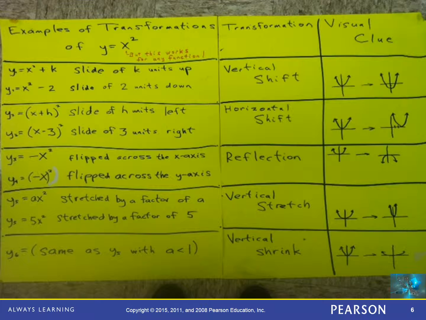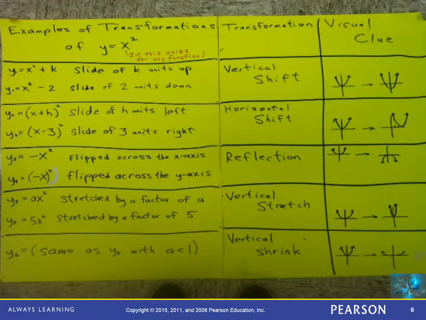So that's a lot of info and not necessarily all that easy to absorb. But here's a poster that you might benefit from referring to. And it shows the transformations of y equals x squared.